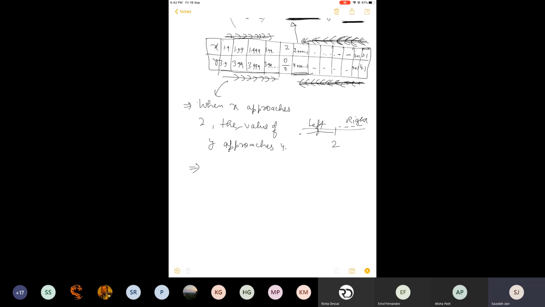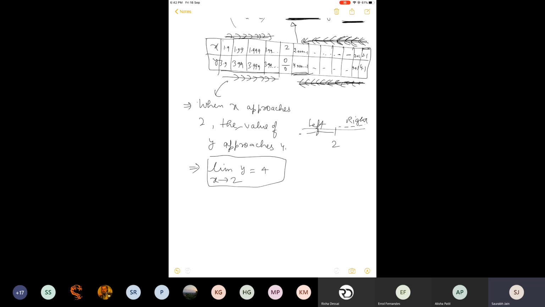Now mathematically, this information is written with the first 3 letters of limit, this symbol, then x arrow 2. x arrow 2 means x is tending towards 2. x is approaching 2. We read it like this: when x tends towards 2, the limit of y is 4.